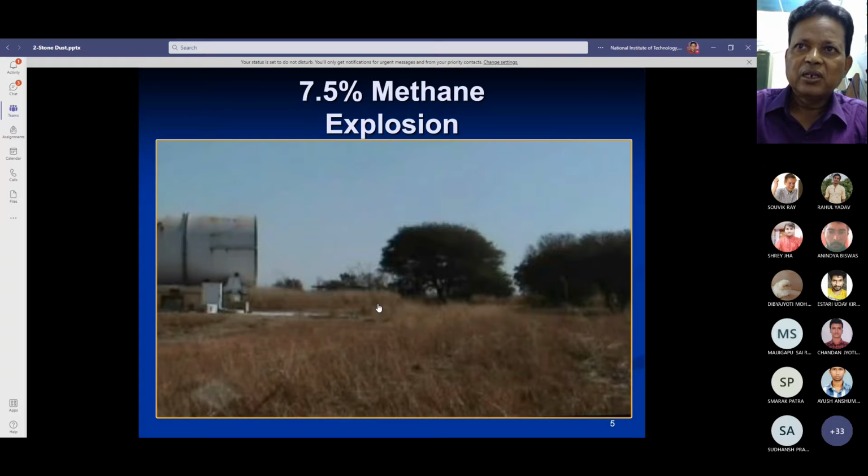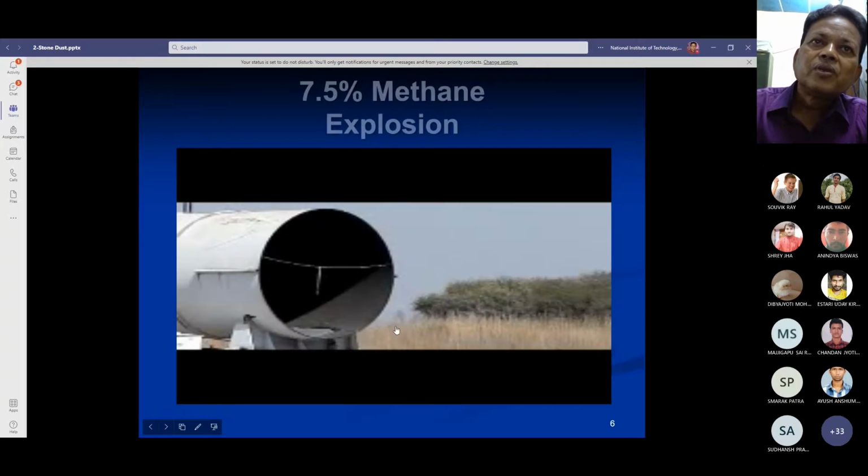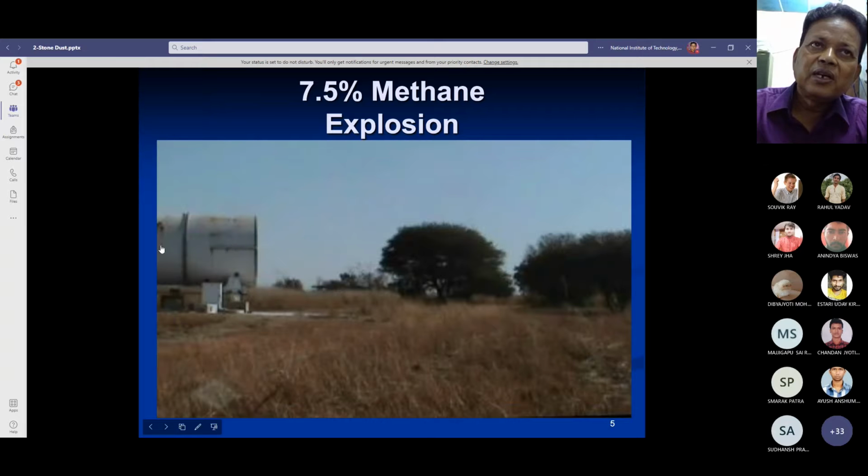This is the experimental gallery used for the methane explosion experiment.